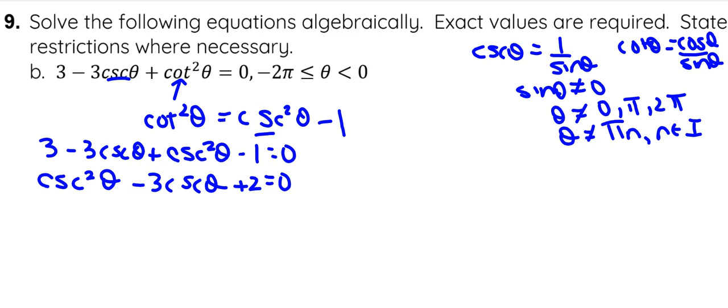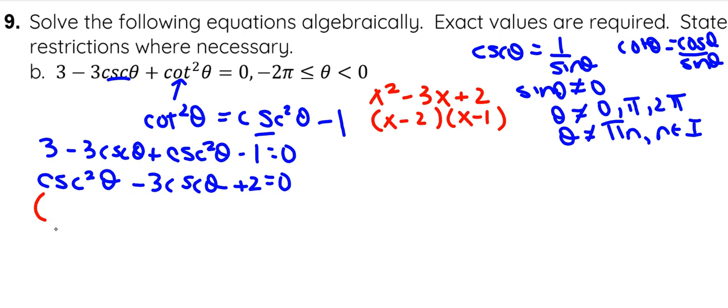Now remember I showed you, if you don't like to factor with the cosecants, you could factor it on the side as x squared minus 3x plus 2, where the x's represent the cosecants. So I know that this would factor as x minus 2, x minus 1.